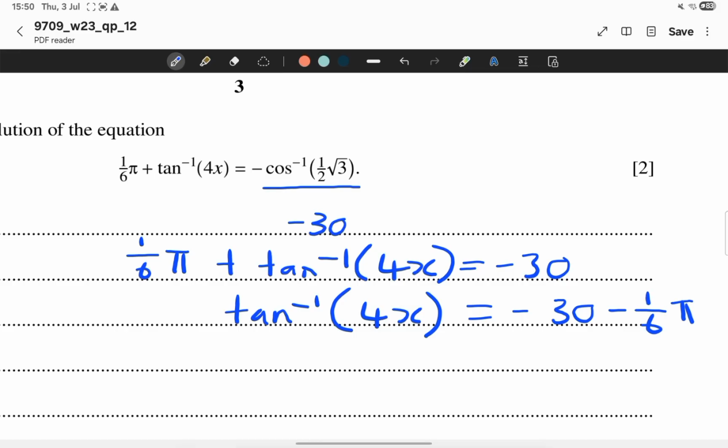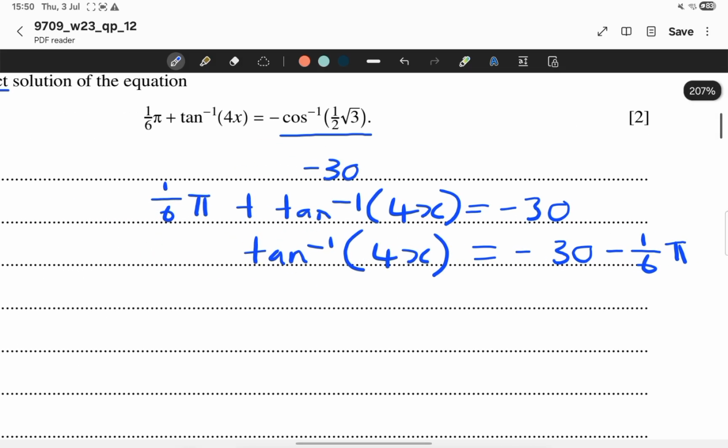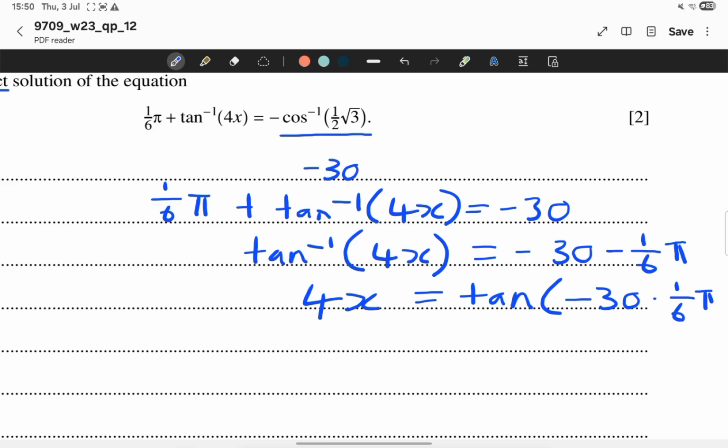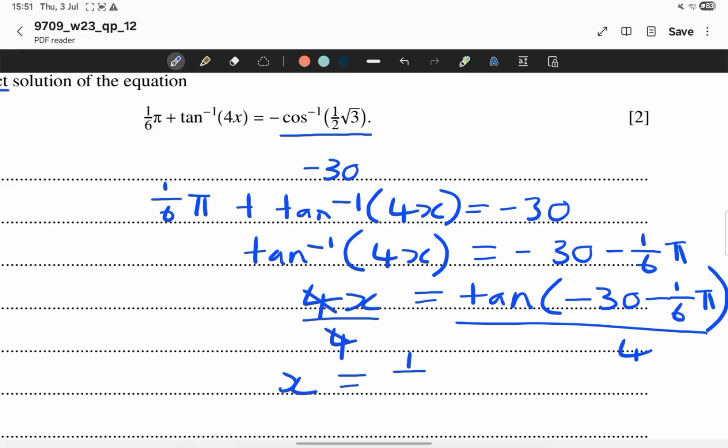Taking this term to the other side, you are left with 4x is equal to tan(-30 - 1/6 pi). Then to get x, we just divide by 4 on both sides, so x is equal to 1/4 tan(-30 - 1/6 pi).